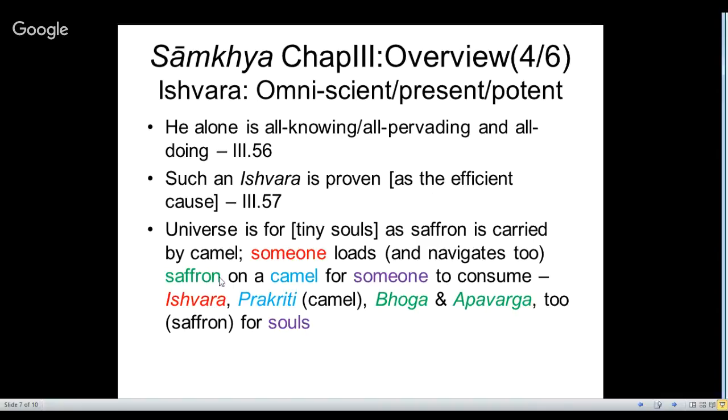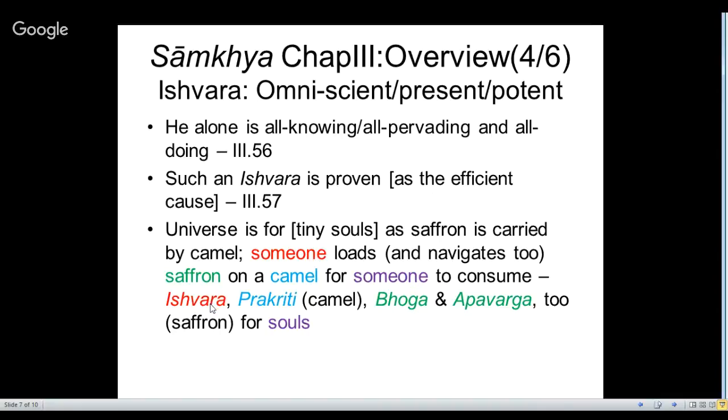So that's what I have put in the right color combination. Somebody loads and navigates saffron on a camel for someone to consume. Of course, they just write one word, Ushta Kumkum Vahan Vat, but it has to be deciphered properly.